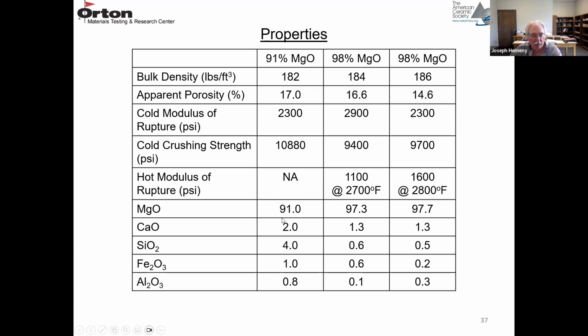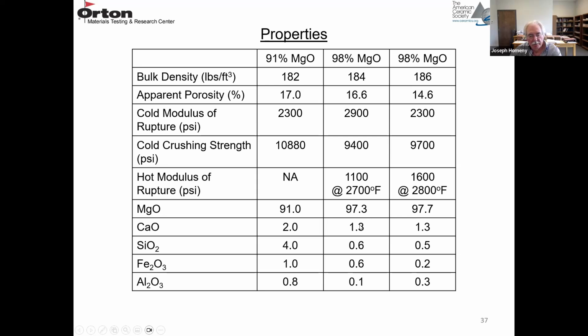So this one only has 91% MgO and 2% lime, 4% silica. So you can see right away, the lime to silica ratio is not right. It's only about a half. It has to be greater than 1.86. And it has a considerable amount of iron oxide and some alumina. So these are also going to lower the melting point.